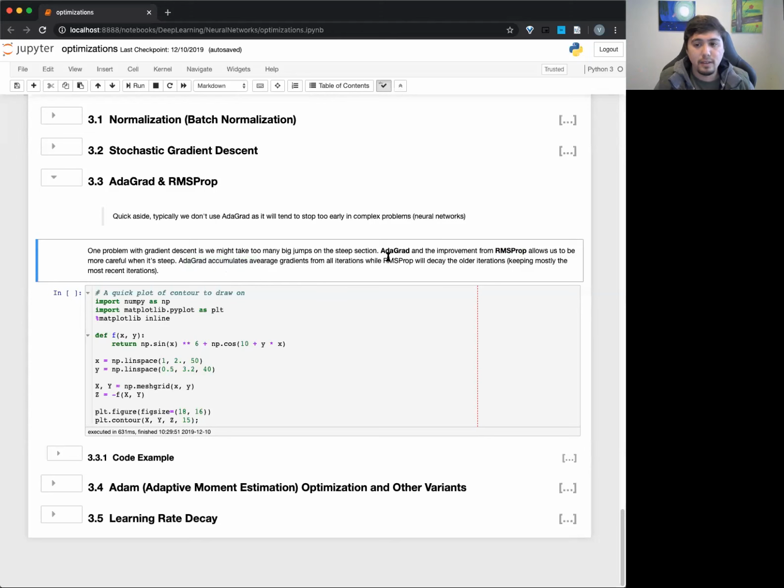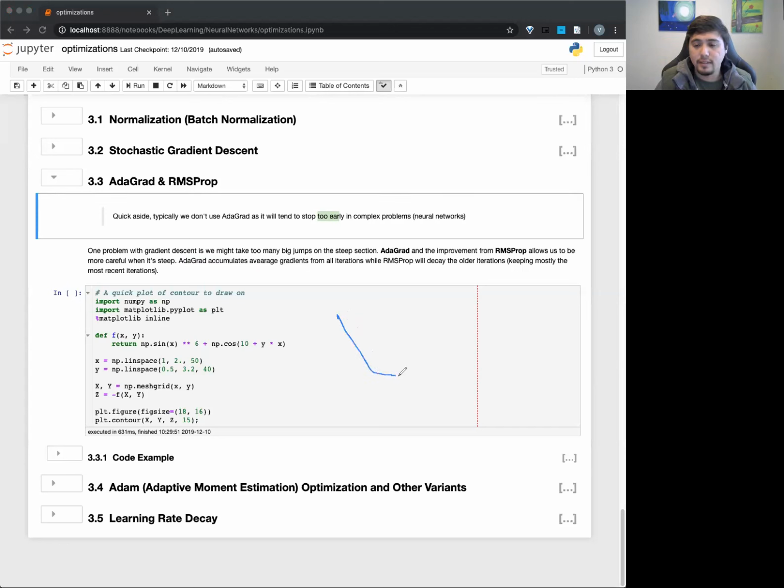The problem with this, as you can probably realize with complex problems, is that you can end up taking very, very small steps over time, especially as you're getting to a point where, if you're going very steep like this, and then all of a sudden you go like this and down.